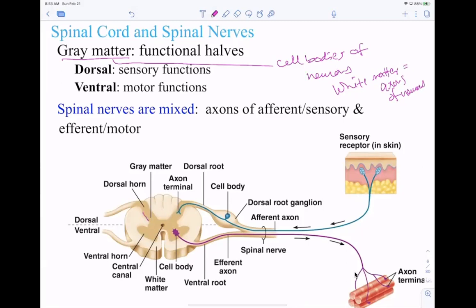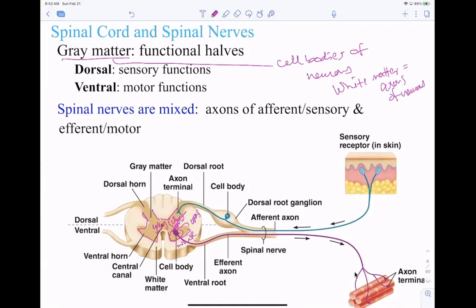It's shaped kind of like an H here. And so this is the gray matter, right? And this is the white out here. And so these are the axons, and here are the cell bodies. And so it's showing you a cell body right there.